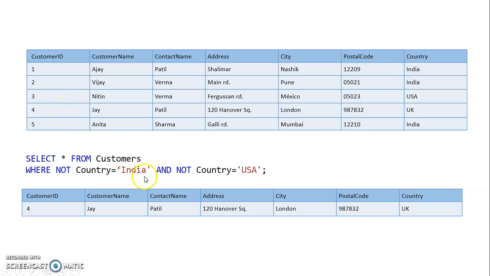As we are using AND, both the conditions should be satisfied. The next condition is NOT country equal to USA, so the third record will also be skipped. So from both conditions, you will fetch only the record of UK, and only the fourth record will be fetched. This is how we are combining two operators in one SQL statement.